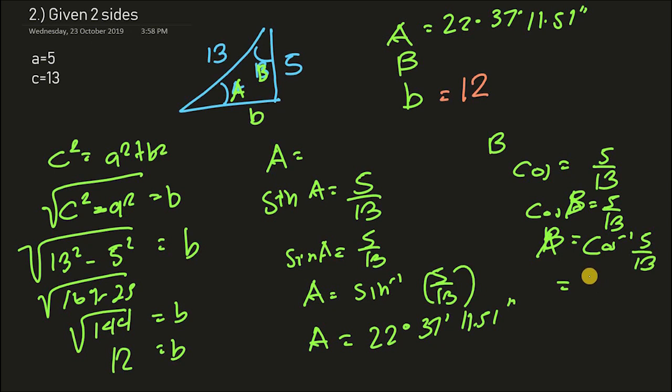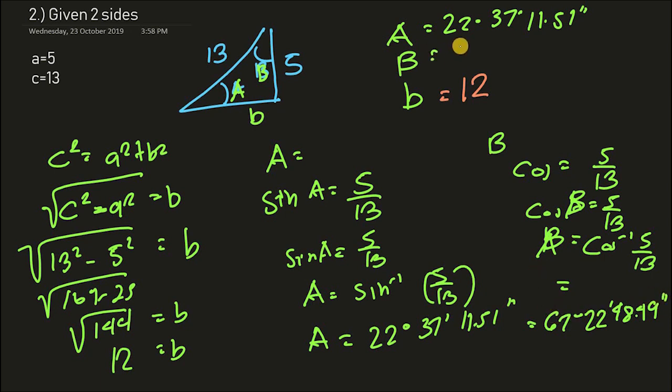So solving that, arc cosine, tama ba? May term ba na arc cosine? Arc sine. Arc cosine. I think meron. Arc cosine of 5 over 13, that would be equal to, the value is 67 degrees, 22 minutes, 48.49 seconds.